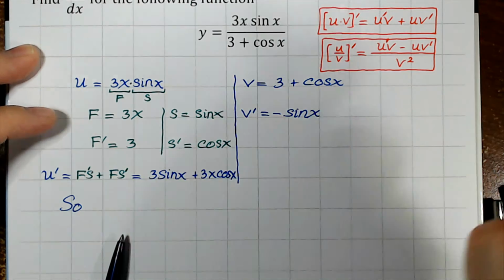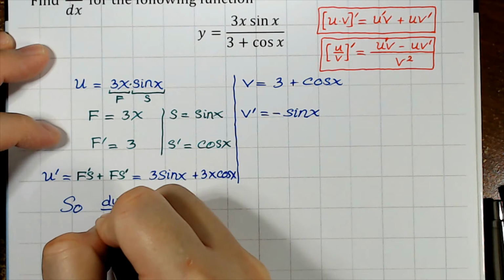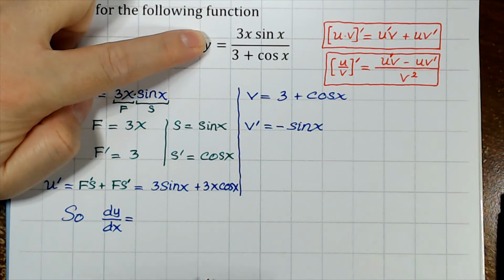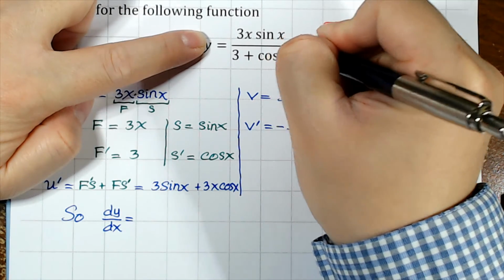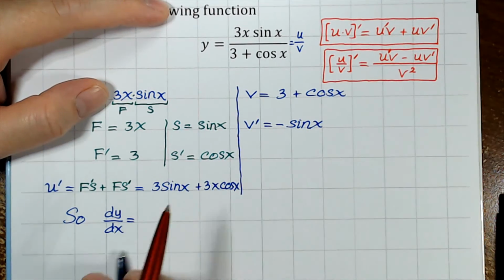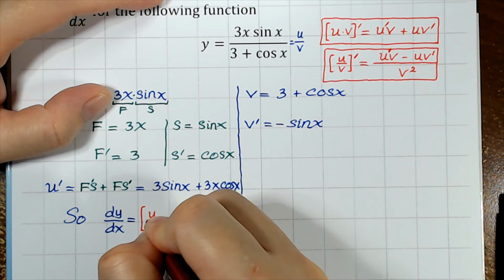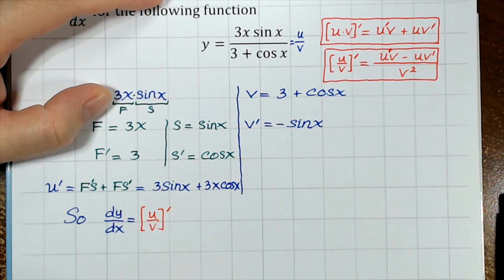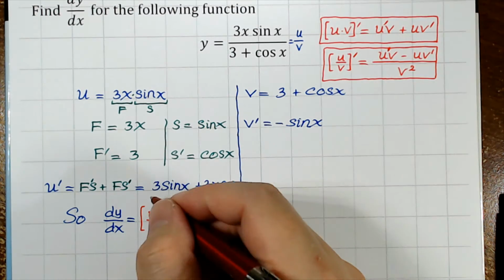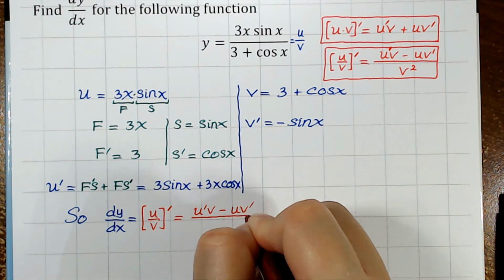So we will have dy over dx. y is a quotient, so we use the derivative of a quotient. I'm just going to copy that quotient rule. Derivative of y is derivative of u over v, the quotient rule: u prime v minus u v prime over v squared.